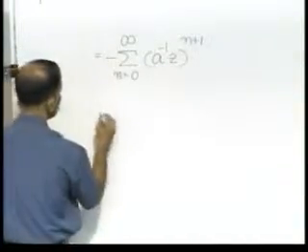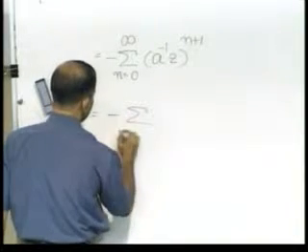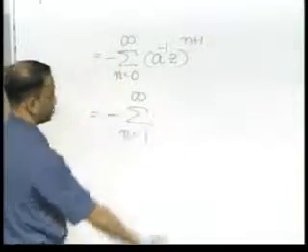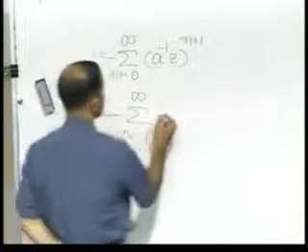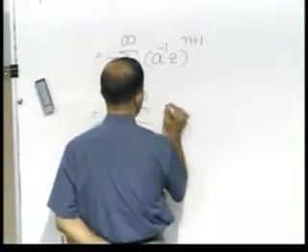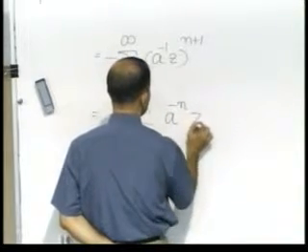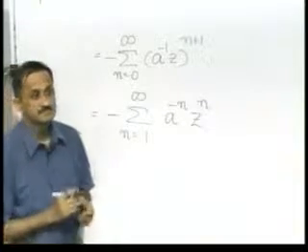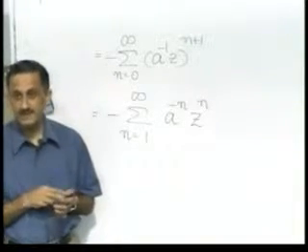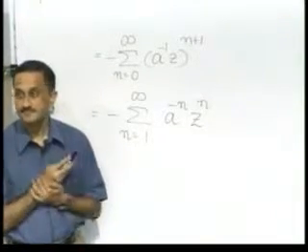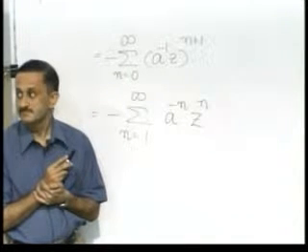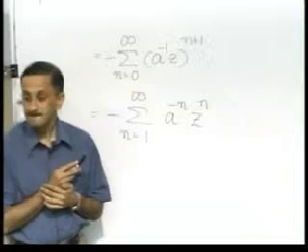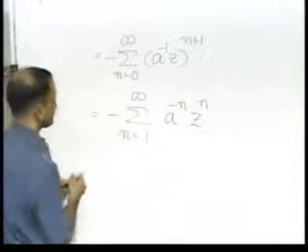Another way of saying this is summation n going from 1 to infinity, a raised to the power minus n, z raised to the power n. That's another way of writing it. I've just rewritten it this way.